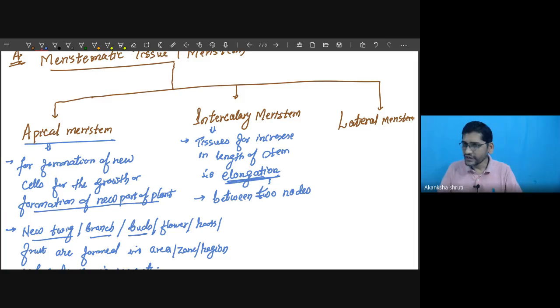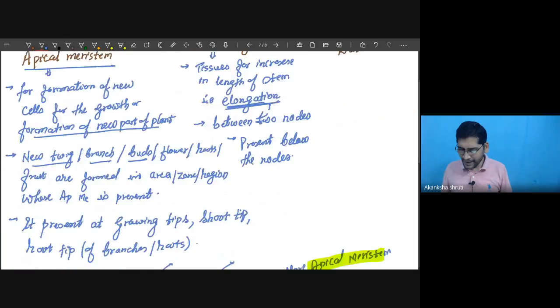Get it? So it is just below the nodes, from where the size of the stem gets elongated. So it is present below the nodes. Getting it? Like when you observe the bamboo tree.